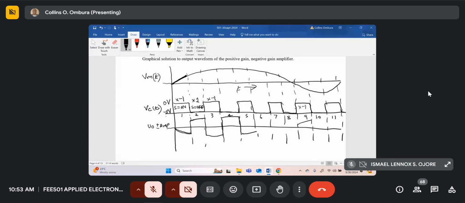Then interval number 10, negative. So it will look like that. Interval number 11, -1 times negative will look something like that. So I've just done a few. So I left that space for you people to fill in the rest.